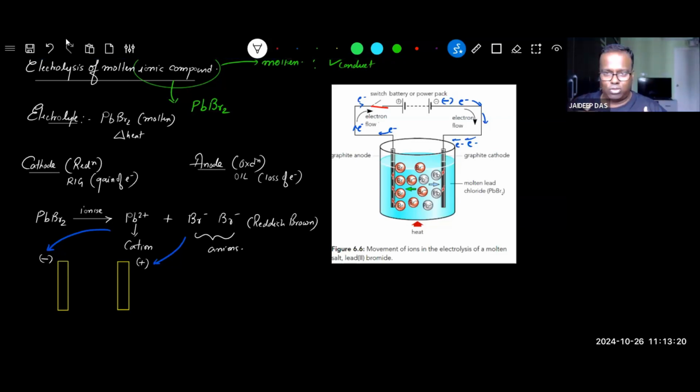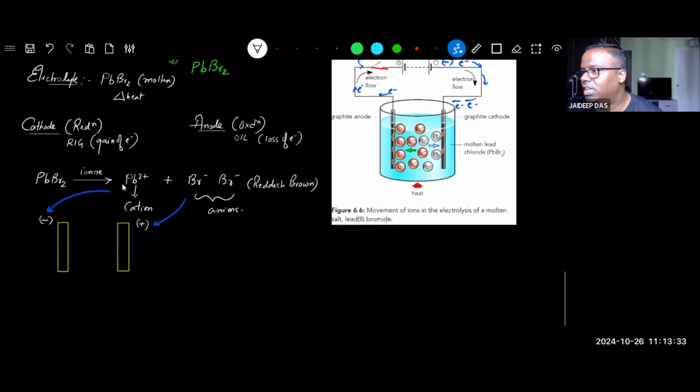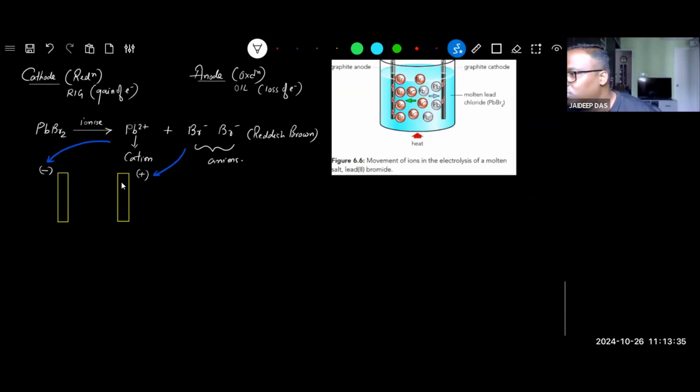Now whether it is anode or cathode, we will ourselves prove. We know it is the anode, but we will see how. Okay, and this will happen. Now what is the definition of cathode? The definition of cathode is where reduction happens. So I go one step further and look at what we call half reactions. These half reactions are very important.